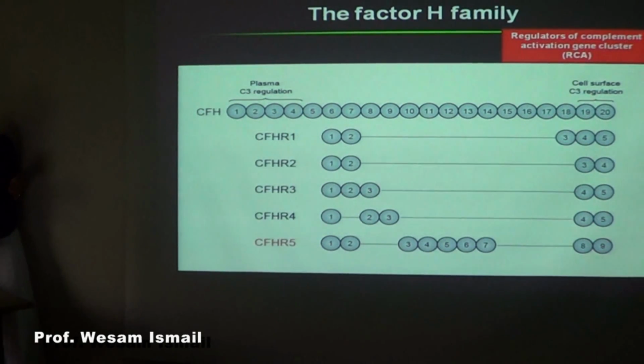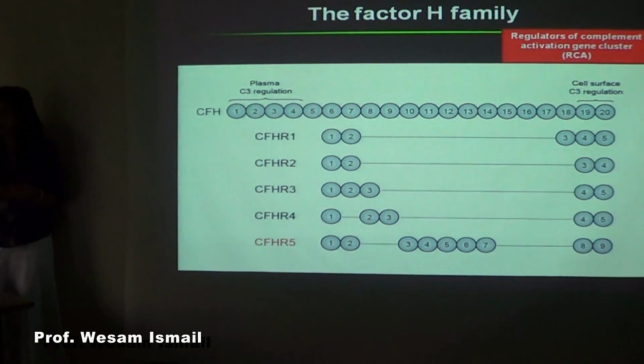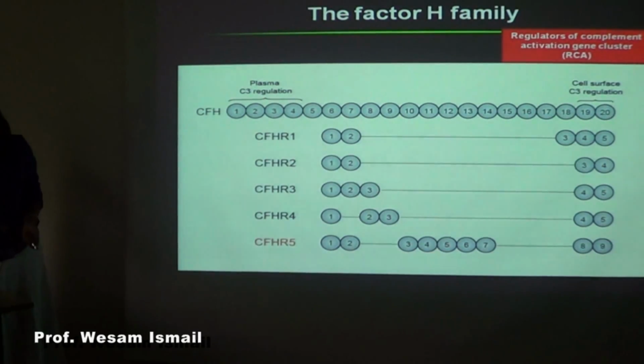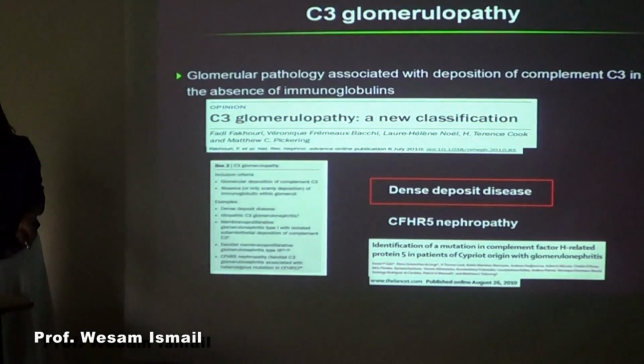Most important of them is the factor H family, known as the regulators of complement activation gene cluster, or RCA. Out of this family, we discovered that some patients have mutations within this group. The mutations can either lead to deficiency or an abnormality in the balance between the C3 activation and inhibition.